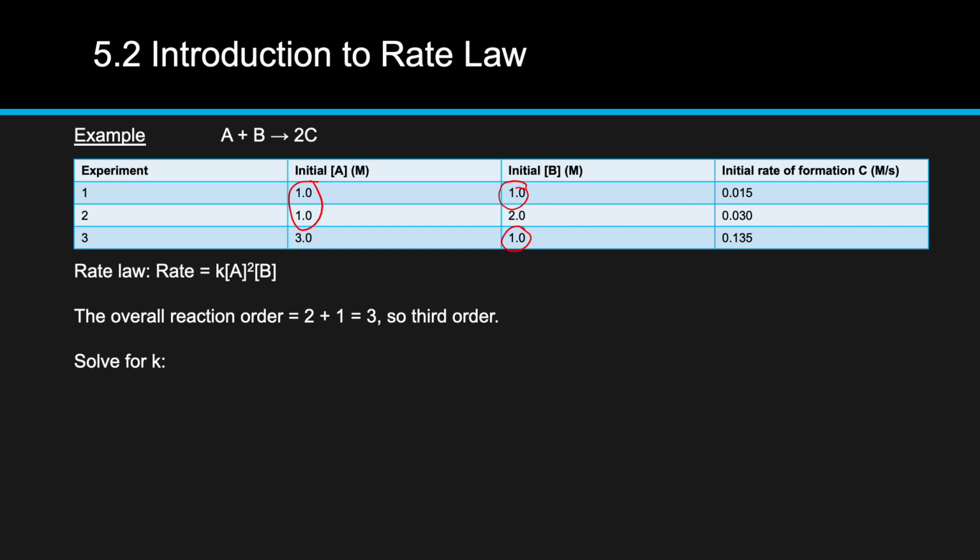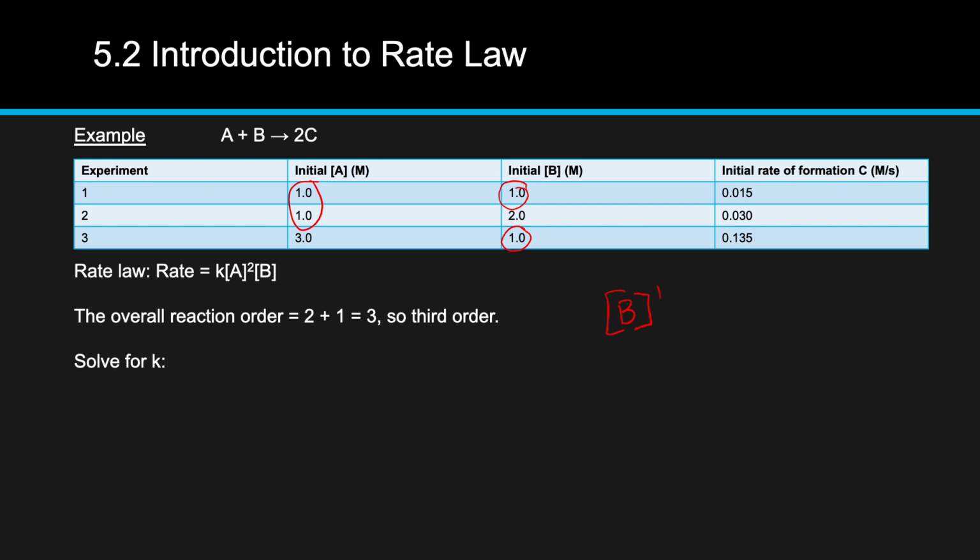If we hold A constant, we can inspect the data, and when A is held constant, B is doubled, and the rate is also doubled. That means when the concentration and the rate increase equally, you have a 1st order. So B is going to be raised to the 1st power.